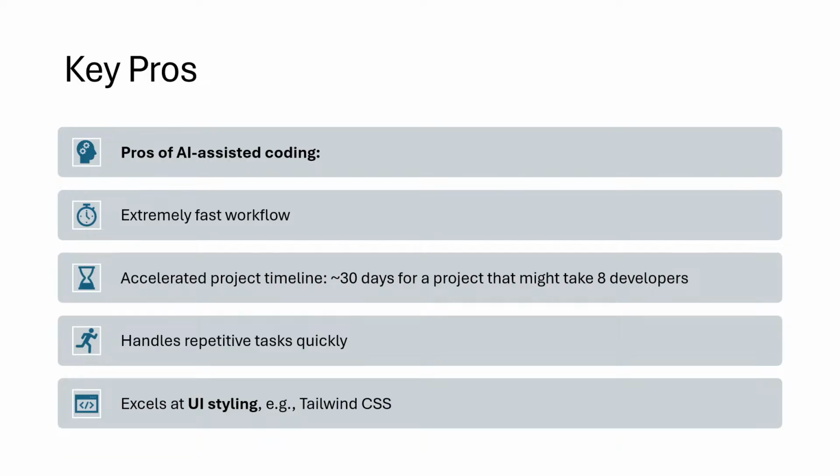AI somehow, I don't know how, but somehow AI is extremely good at styling. For my styling I use ShadCN, and ShadCN uses a lot of Tailwind to style all my components. I didn't write a single line of Tailwind code, not one.